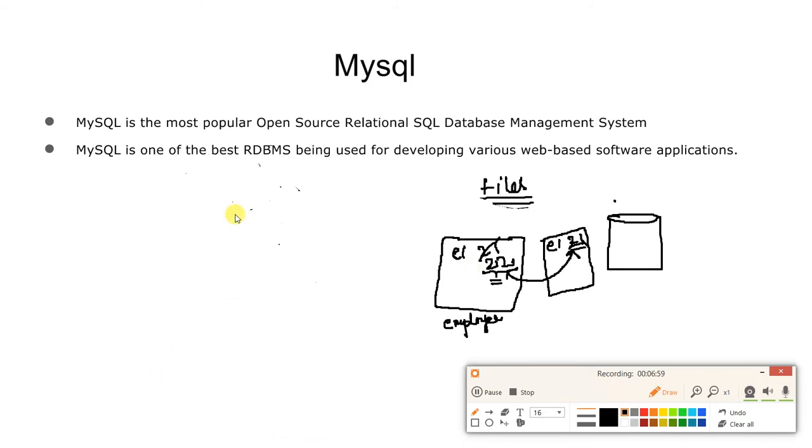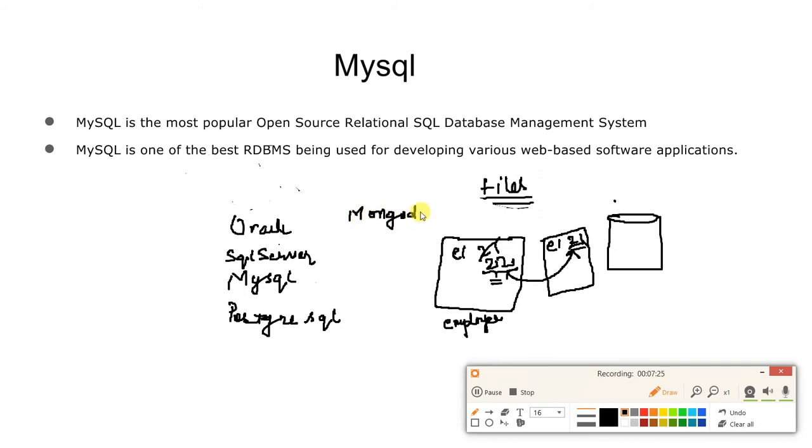For example, you have Oracle database, you have SQL Server, which is also meant for storing data, and of course we'll be studying MySQL, and then PostgreSQL. All these are different kinds of databases that you use.